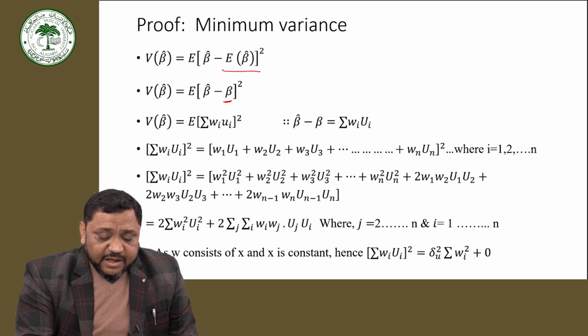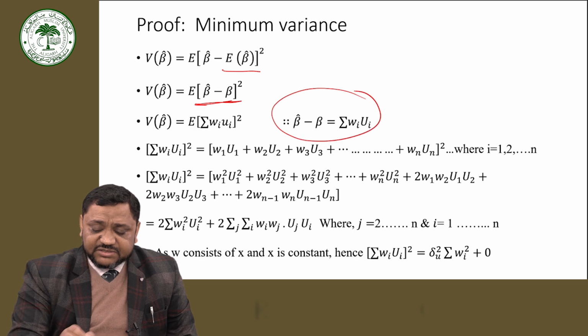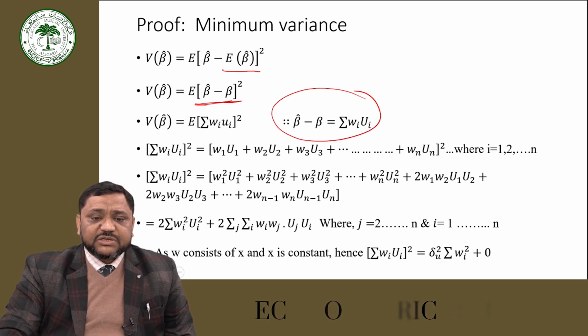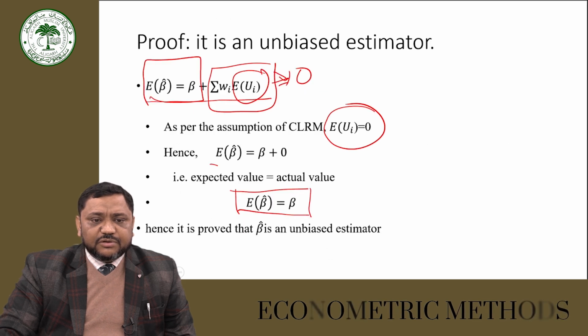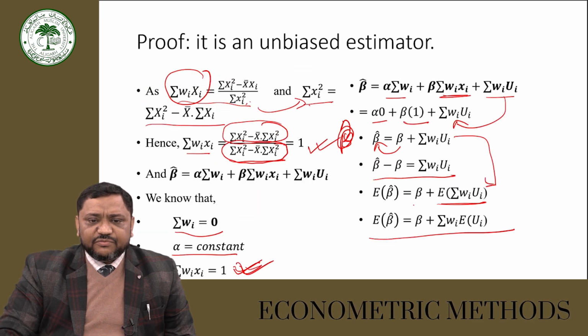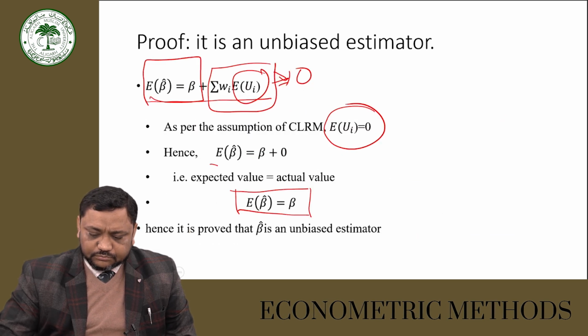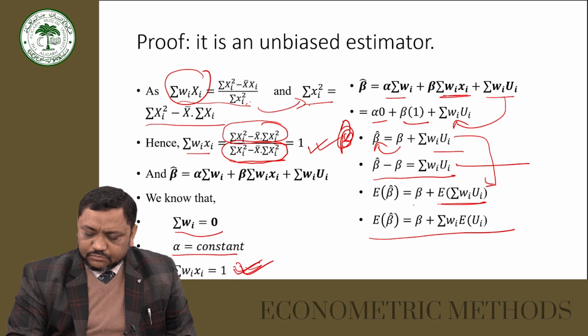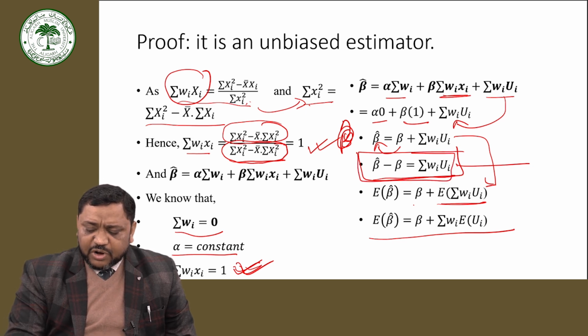Now beta hat minus beta, this also we have earlier seen, is equal to summation wi ui. We have done it in our previous calculation. See over here, we have proved that beta hat minus beta is equal to summation wi ui.